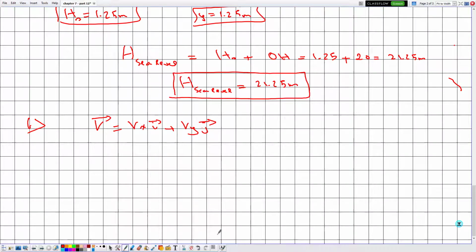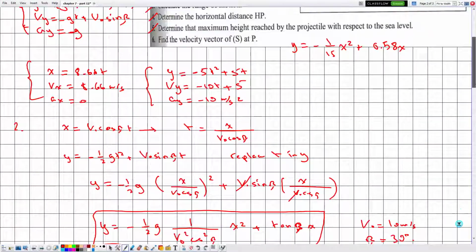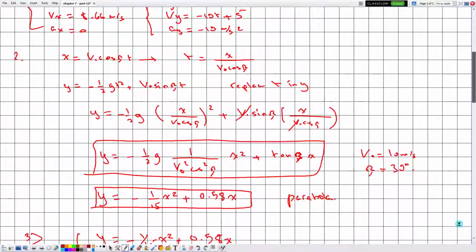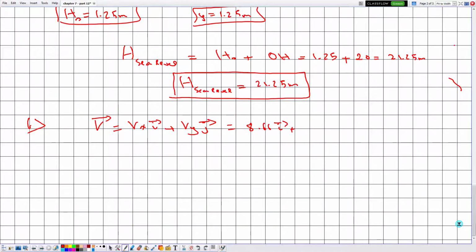Now we have determined vx and vy numerically, and they are given by 8.66 i plus minus 10t plus 5 j. Now the velocity vector is equal to 8.66 i plus minus 10t plus 5 j.